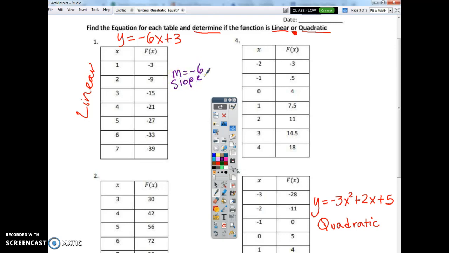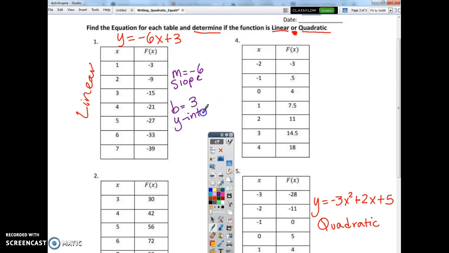What's the y-intercept of this one? The 3, because that's your B. B is the y-intercept. So some of you, I think it was problem number 1 on the CBA. It asks for the slope. You could have done it like that. Okay? Go ahead and finish the front and the back.